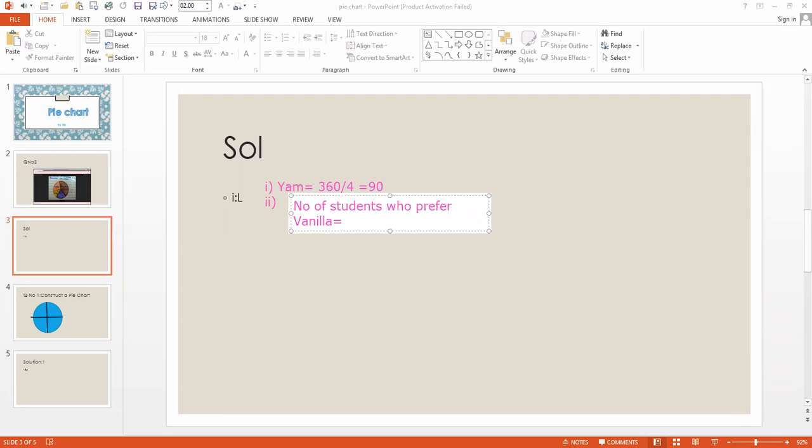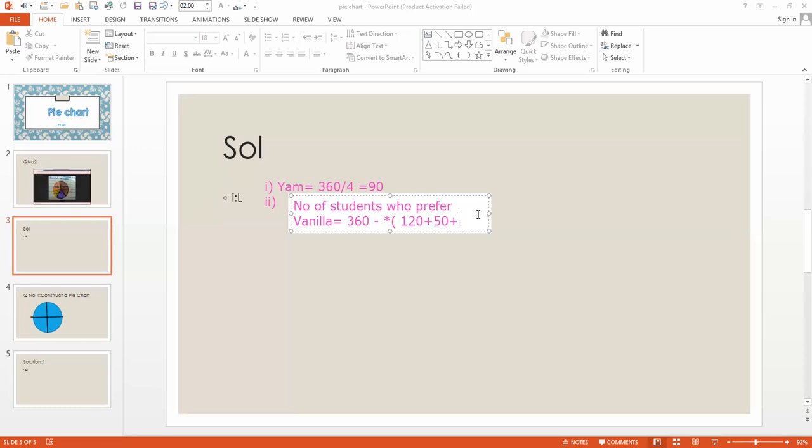As you know, the complete circle is how many degrees? 360 degrees. Okay. And then you have to subtract. First you have to add the remaining 3, that is 120 for chocolate. Then how many degrees are given for mango? 50 degrees. And recently you found the preference of the students who love to eat jam ice cream, 90.